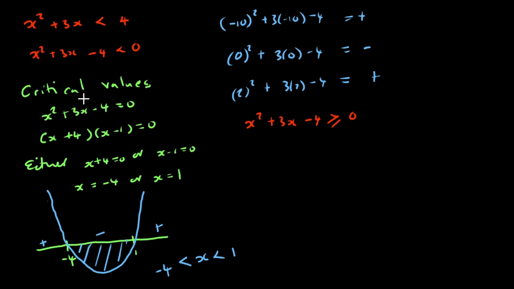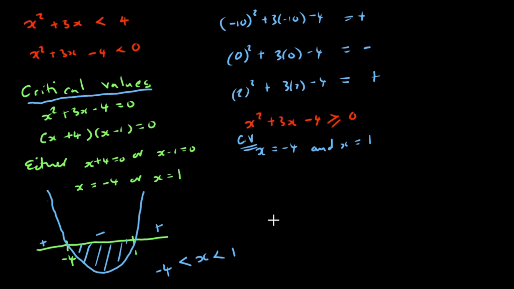We already calculated the critical values of this one, so I'm not going to repeat that, but you will find out that your critical values are x equals -4 and x equals 1.